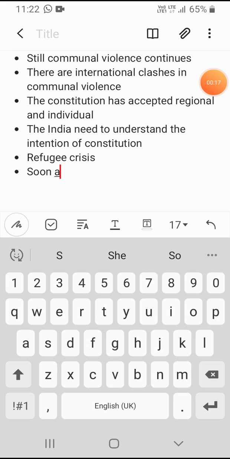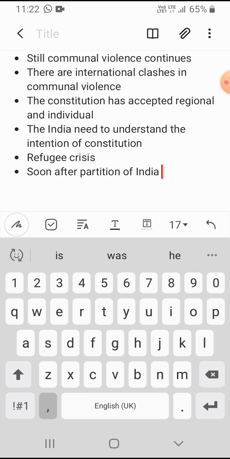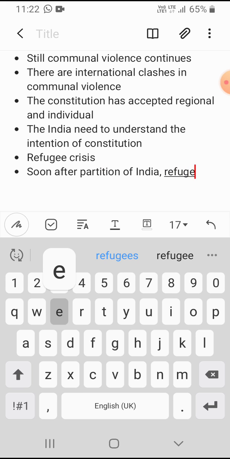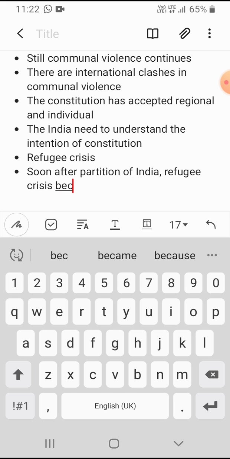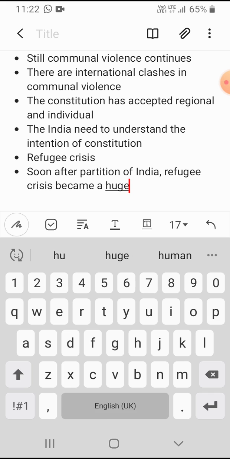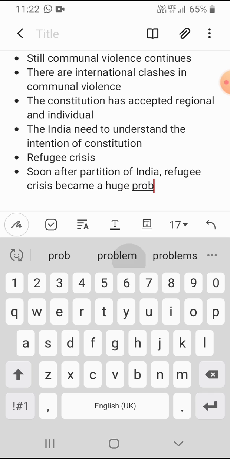Soon after the partition of India, the refugee crisis became a huge problem for India.